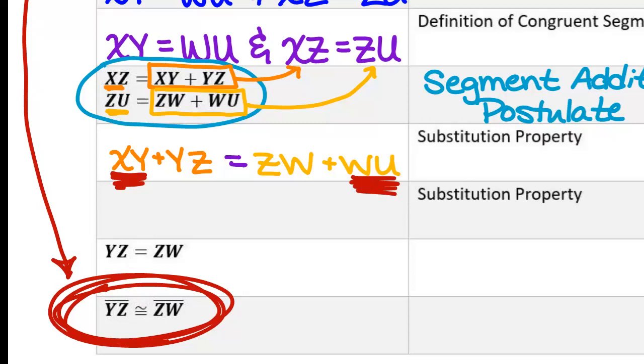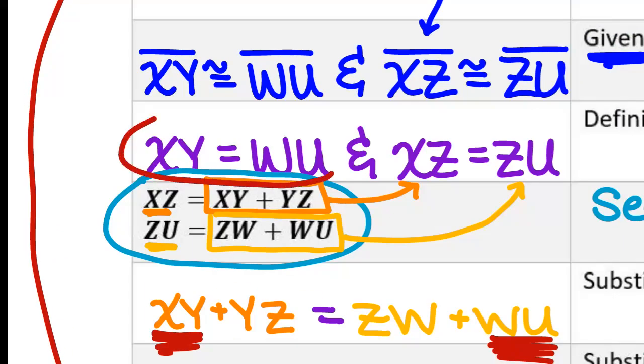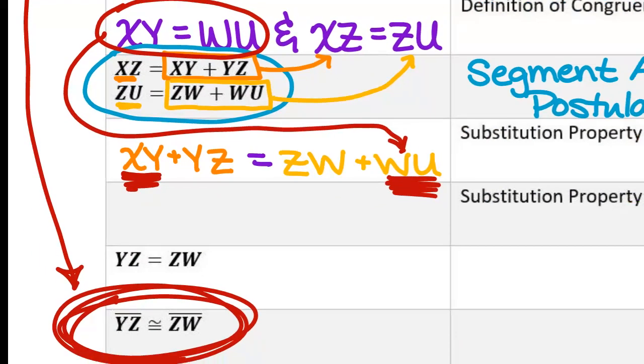But to use my subtraction property of equality, I have to be getting rid of the exact same thing on both sides. Is what I'm trying to get rid of on both sides exactly the same? No. But what do I know about WU from my second statement? Yeah. WU is congruent to XY. So I'm going to put XY in the place of WU.